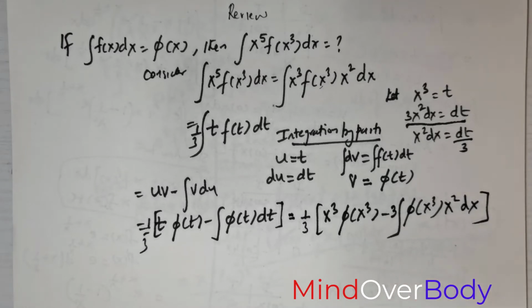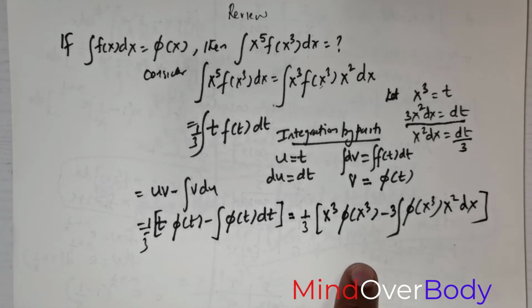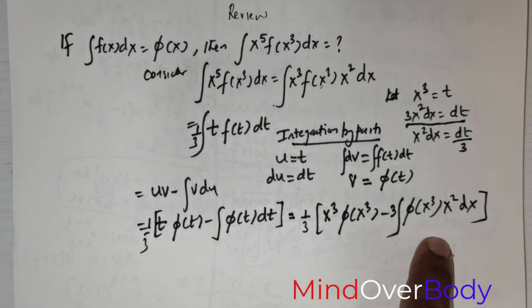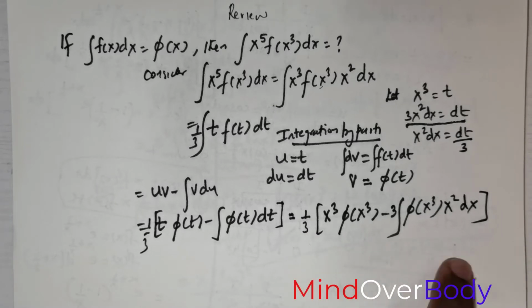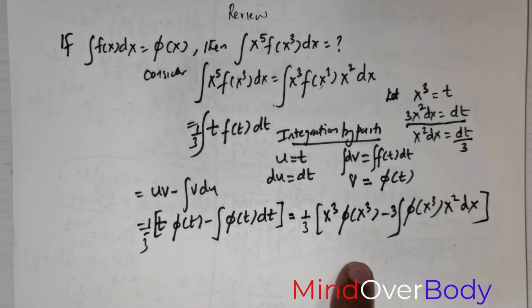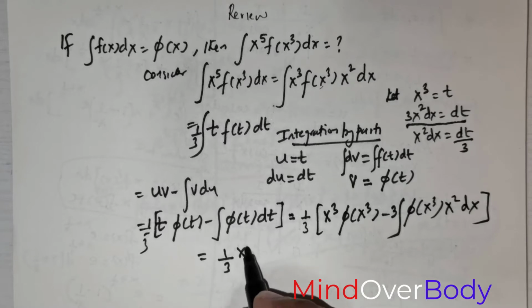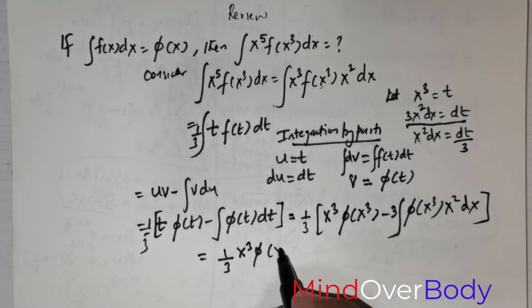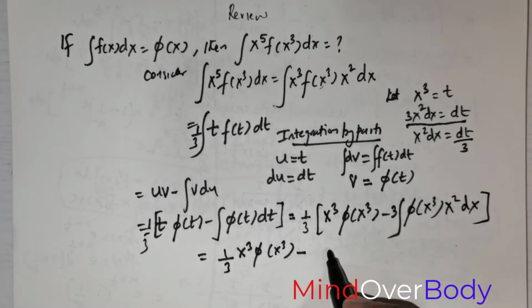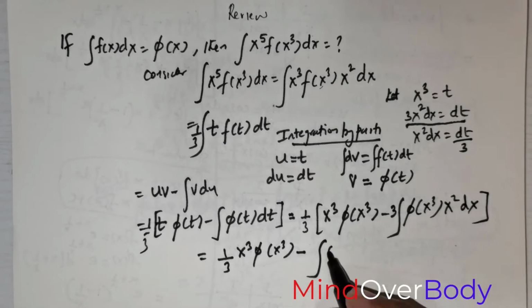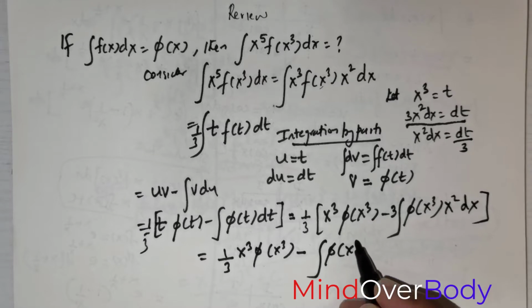Now you can either stop here, or you can scalar multiply the quantities. If you scalar multiply every quantity by 1 over 3, you would get 1 over 3 times x cubed times phi of x cubed, followed by negative 3 with 1 over 3, they get neutralized, giving us the integral of phi of x cubed.